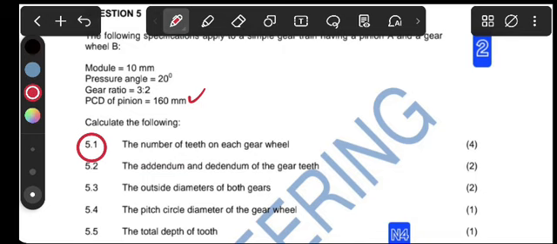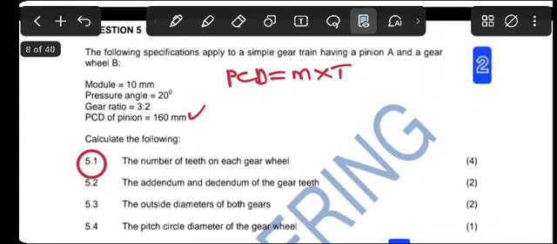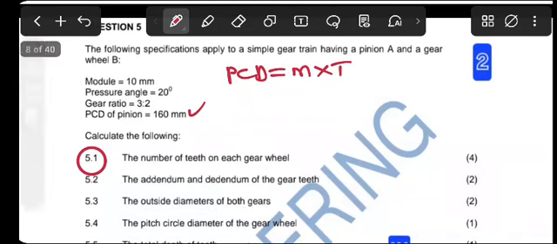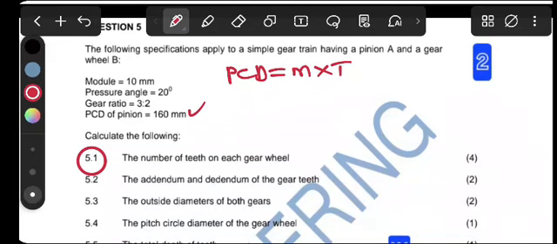So let's check what we are given. We don't have the teeth.